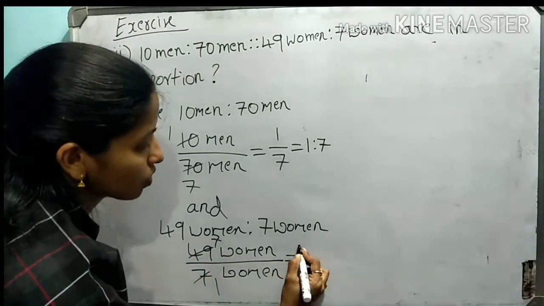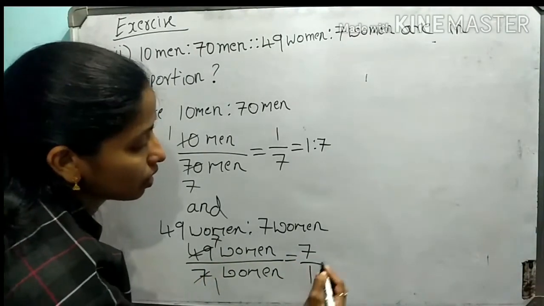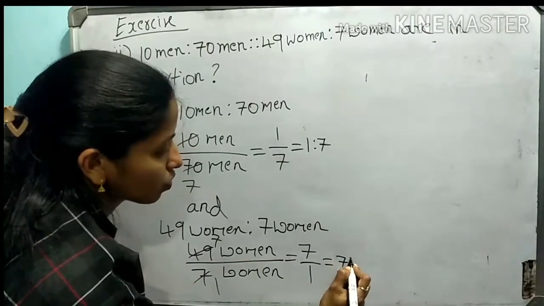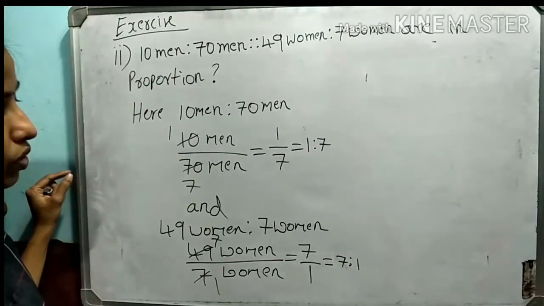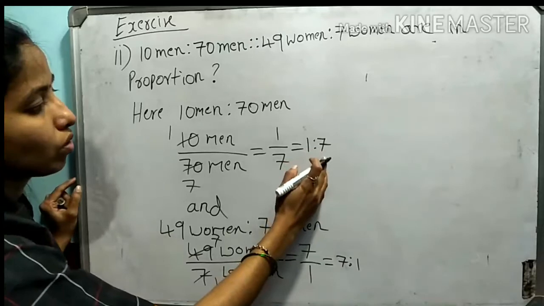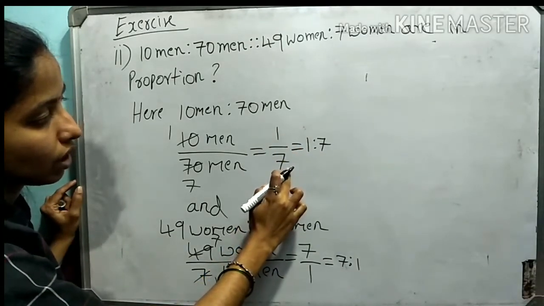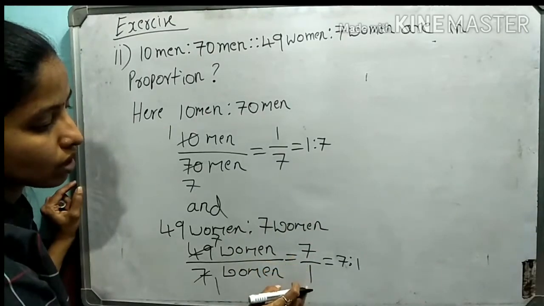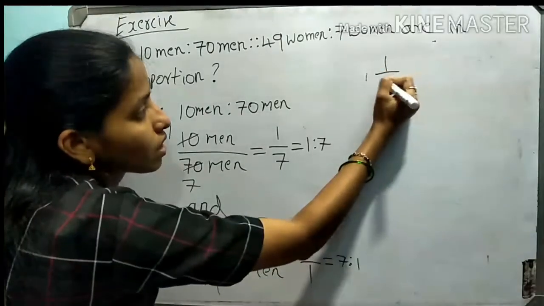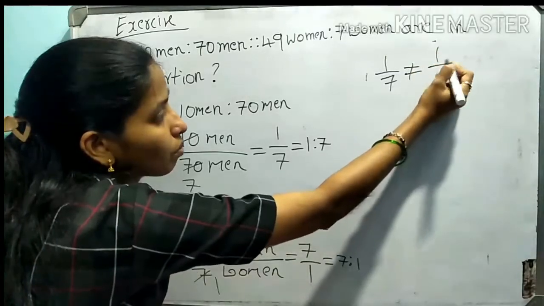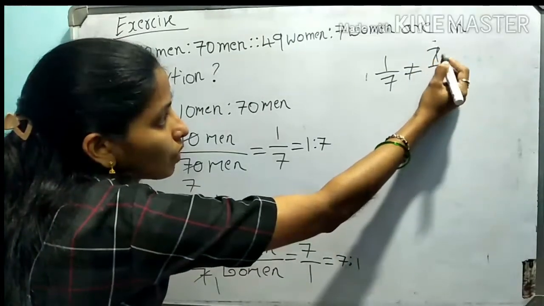So this is equal to 7 by 1. We can write this as 7:1. So here 1 by 7 is not equal to 7 by 1.